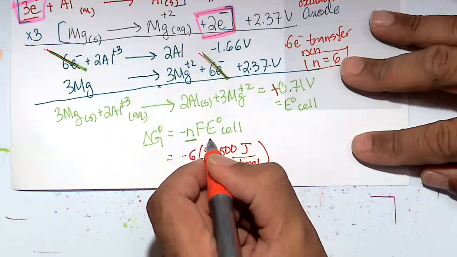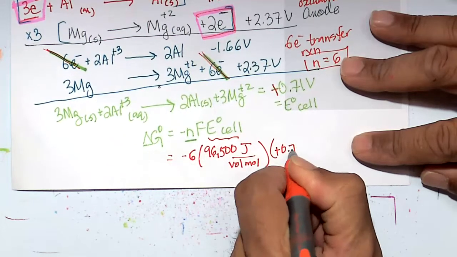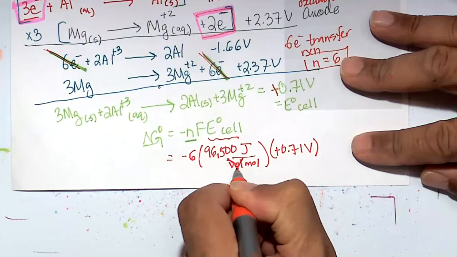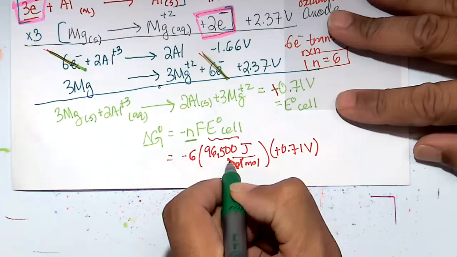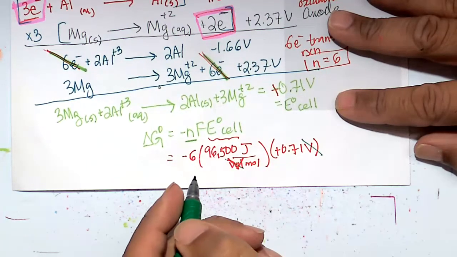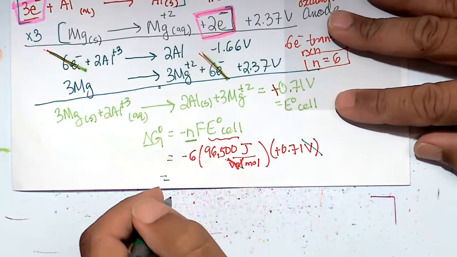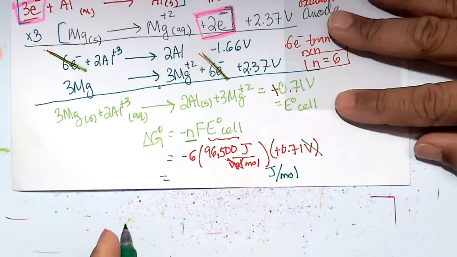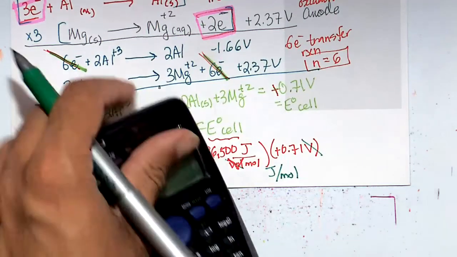And E cell is positive 0.71 volts. So the volts and the volts cancel, and we just put these numbers in. Our final answer is going to be in joules per mole.